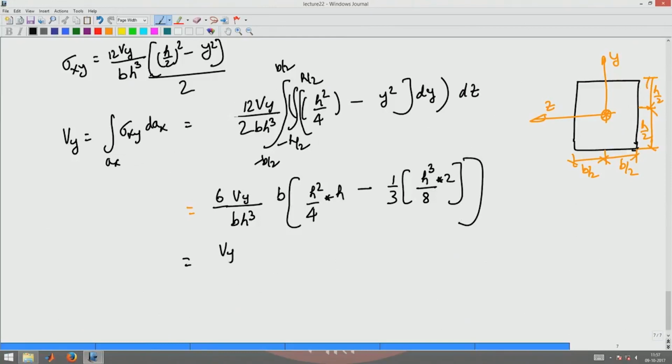B cancels, h cube cancels, the 6 into 1 by 4 minus 1 by 12, right. Okay. So, this is nothing but Vy by 2 divided by 12 into 2. So, that will be equal to Vy. Okay. So, basically that is why the integral of sigma xy dA is equal to Vy. Okay. So, we will stop here for today's lecture. Thank you.